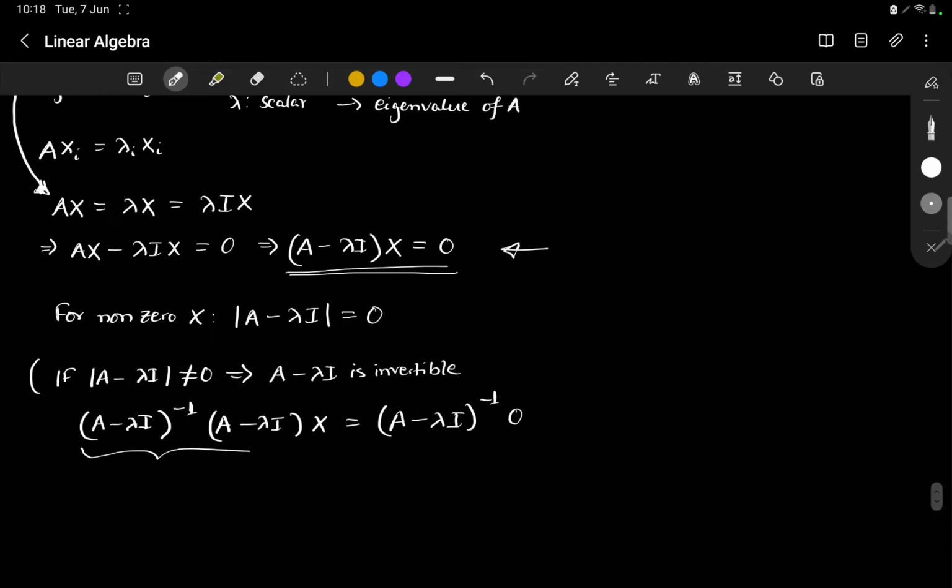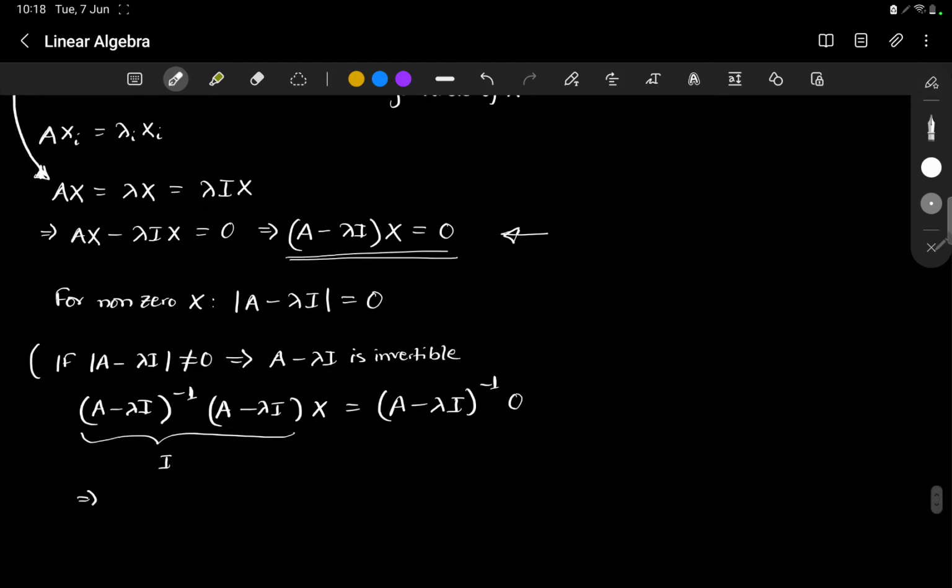A matrix times its inverse gives us identity. So we get identity times x is A minus lambda I inverse times 0, and any matrix times a 0 vector will give us 0.